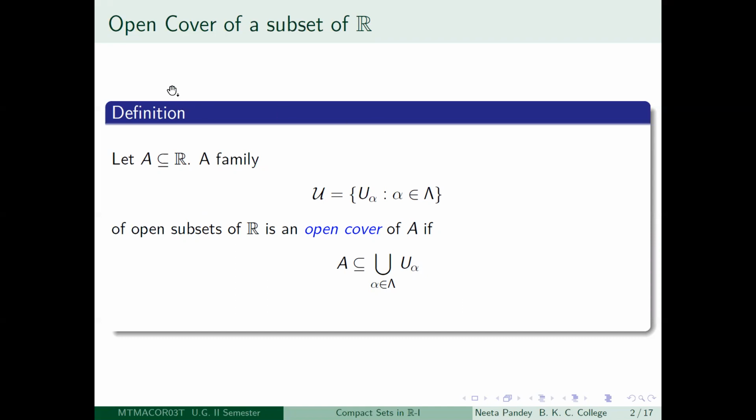Since we are calling it an open cover, of course there are possibilities of other types of cover, but we are not interested in that. We are only interested in open covers. So by an open cover, necessarily you mean that all the subsets in the family which you are considering are open subsets of R. You denote this family to make it clear that what we wish to say here is not necessarily a set of sets, which leads to logical pitfalls.